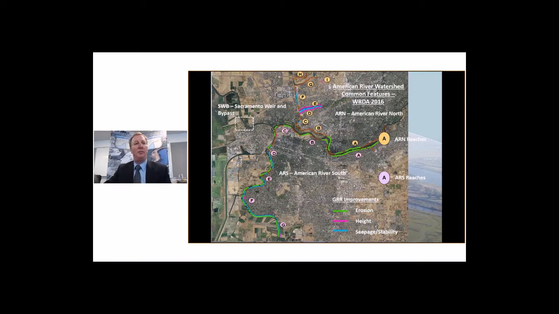So between the improvements at Folsom Dam, the Natomas improvements, and the American River and Sacramento River improvements, the city is looking at an unprecedented investment by the Corps of Engineers, with support from the state and the region, of about $2 billion.